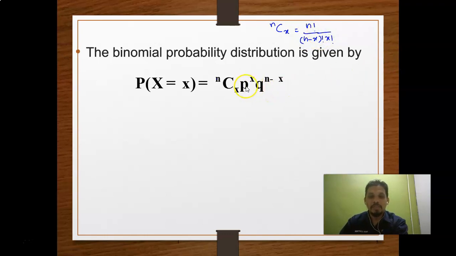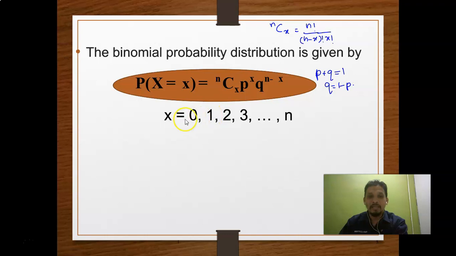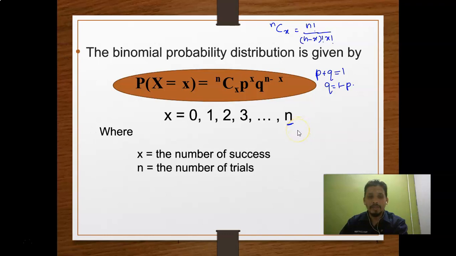P is the probability of success and Q the probability of failure, so P plus Q equals 1, then Q equals 1 minus P. X is the number of successes, from 0 until n. So n is the number of trials, P the probability of success, and Q the probability of failure, Q equal to 1 minus P.